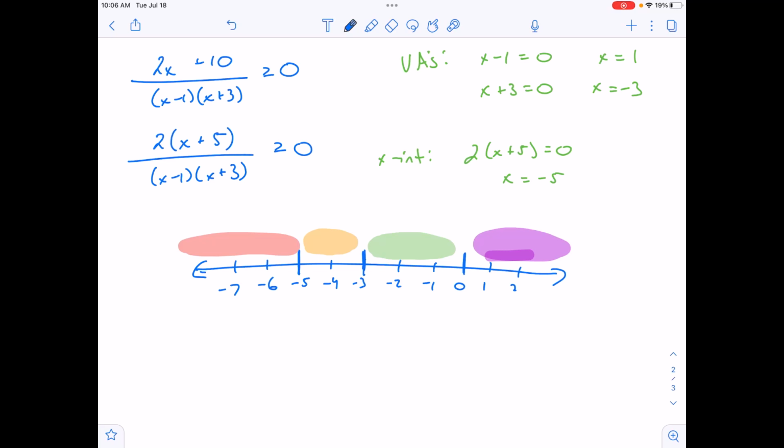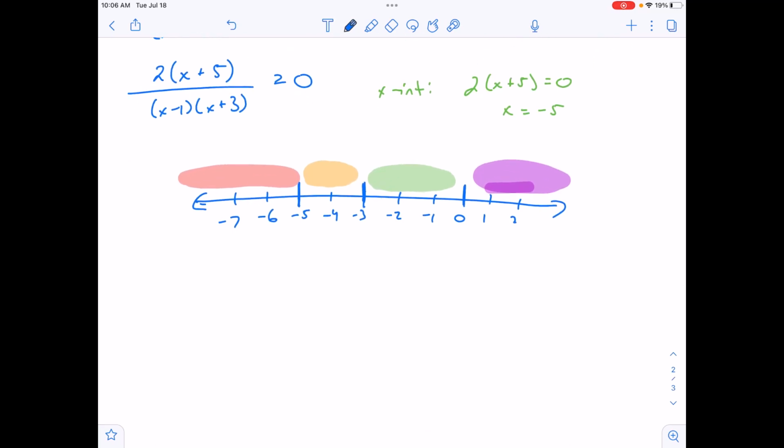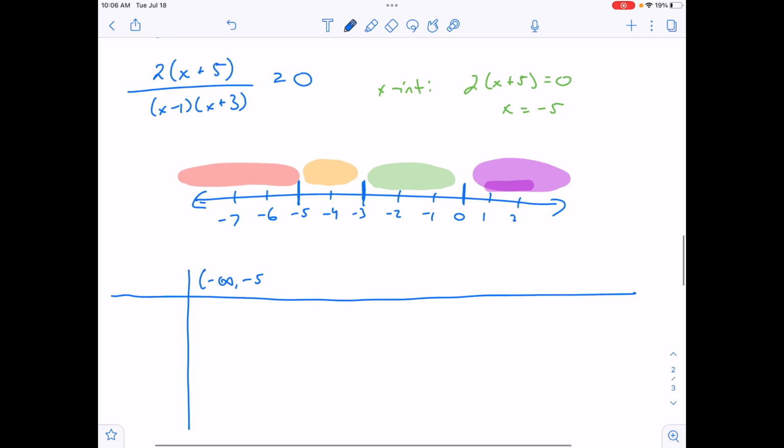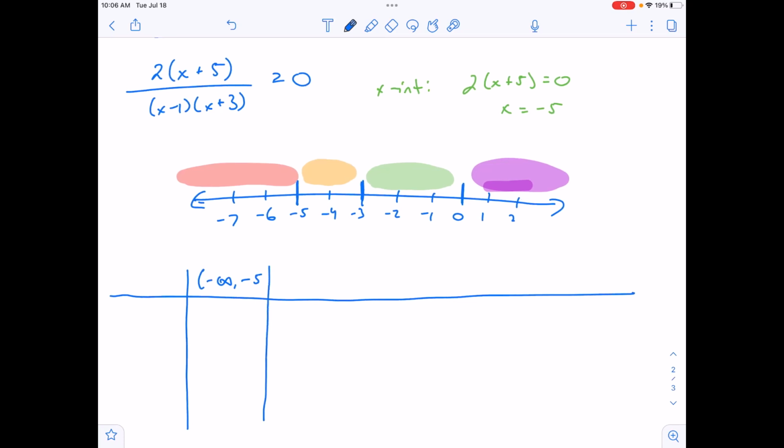Okay, lots of different intervals to check. I'm going to add some columns here. So I need between negative infinity and negative 5. I need at negative 5. I need everything between negative 5 and negative 3. I need at negative 3.